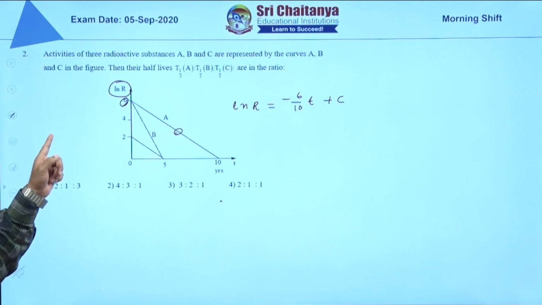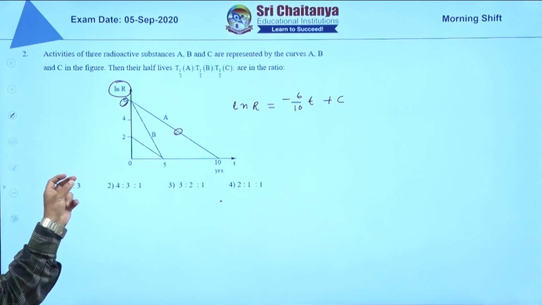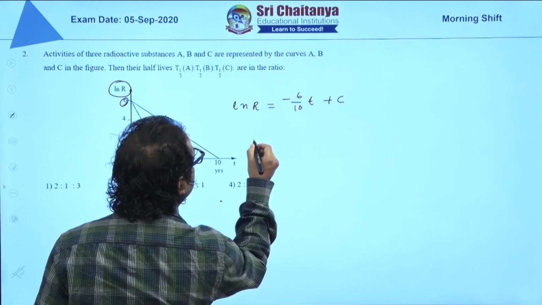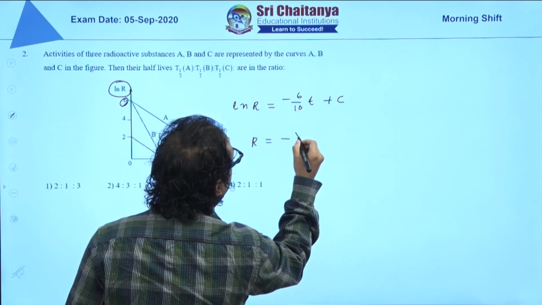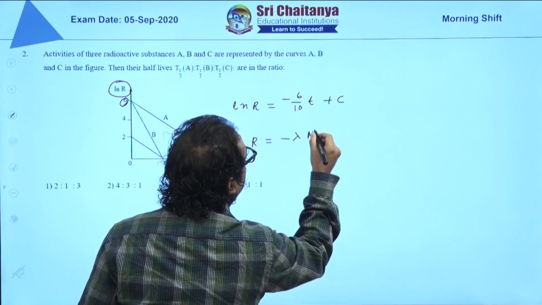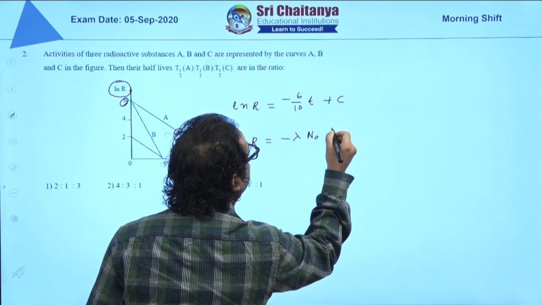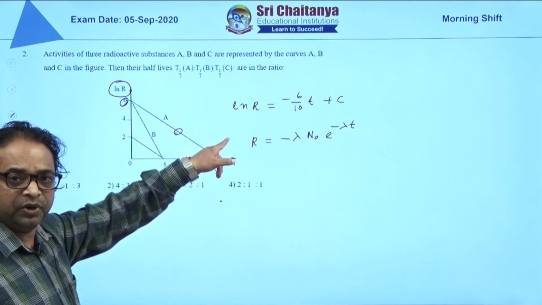What is the rate? Rate is nothing but the activity of the radioactive sample. So basically R value is equal to lambda N naught e to the power minus lambda t, where N naught is the initial number of species. We have to express in terms of ln R.